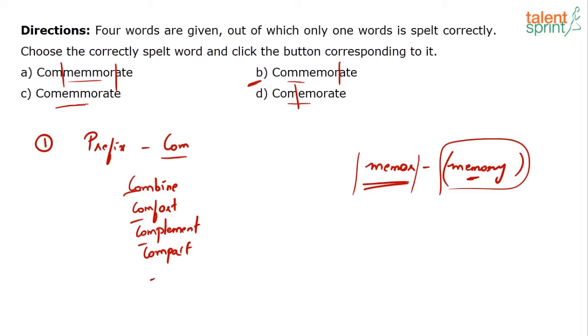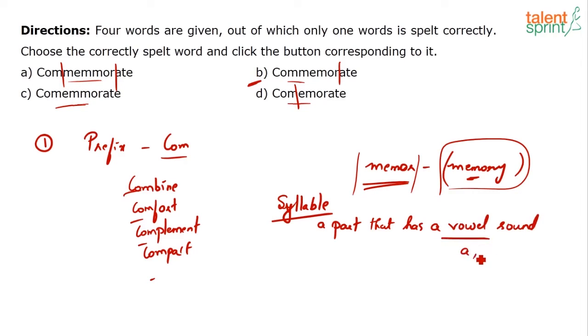Another way to do it is the syllable approach. Do you know what a syllable approach is? What's a syllable? Let me write it down. A syllable is a part that has a vowel sound. A, E, I, O, U, that much we know; these are all our vowels.